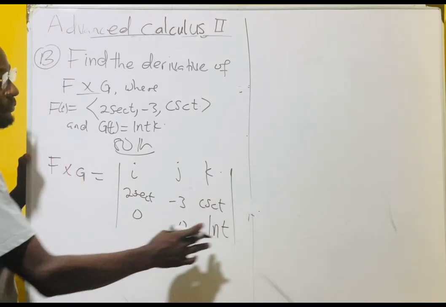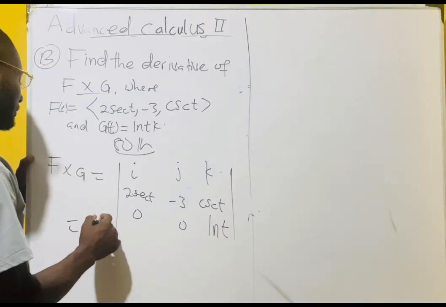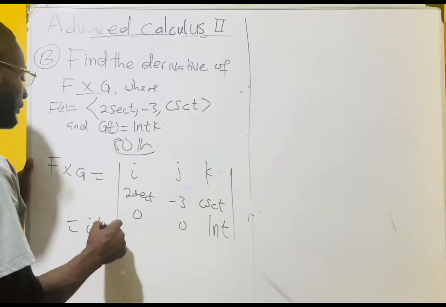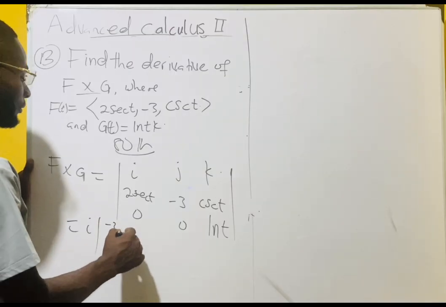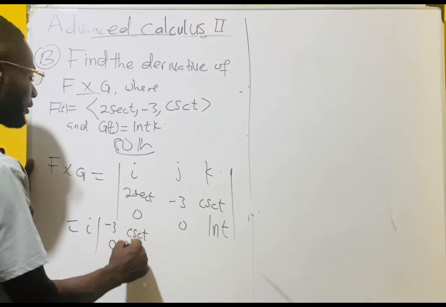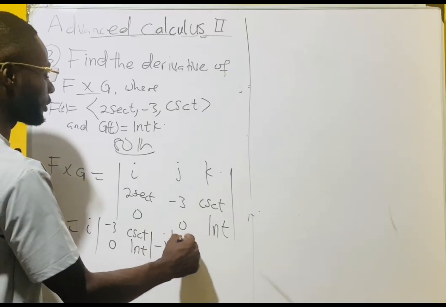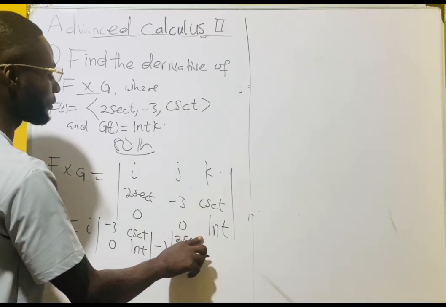So we're going to apply the determinant approach. So we're going to have minus 3, 0, csc t ln t minus j 2 sec t 0.